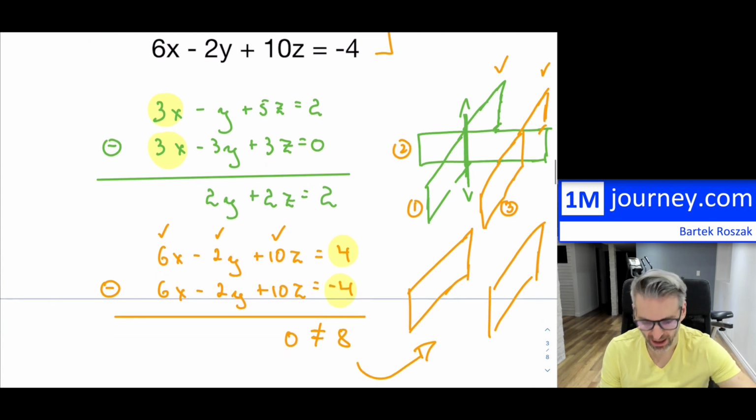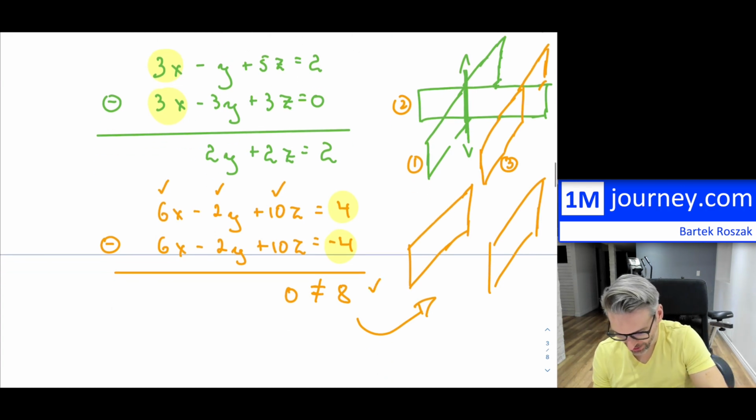So that's what we are observing. So we know that these two are going to be parallel to each other. And because there is no solution here, we do not have to proceed any further. So this is no solution.